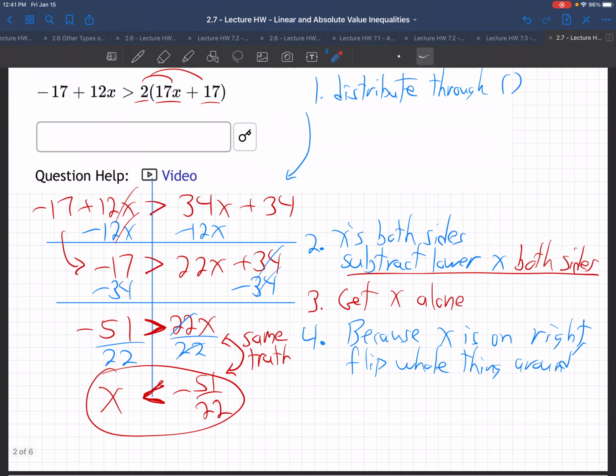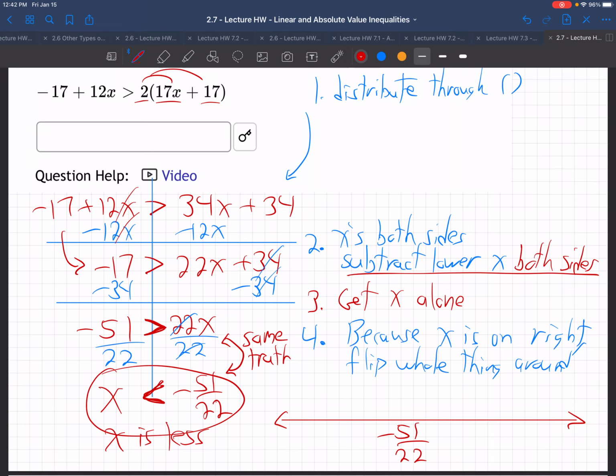So now we can make our interval notation answer. How do you do that? Well, it might help to go to a number line. You don't have to, but it might help you. So let me go number line right here. So what do we have? So I'm going to put negative 51/22. And we're going to have the x is left, right? This is x is less.